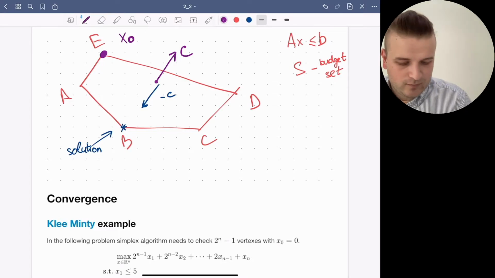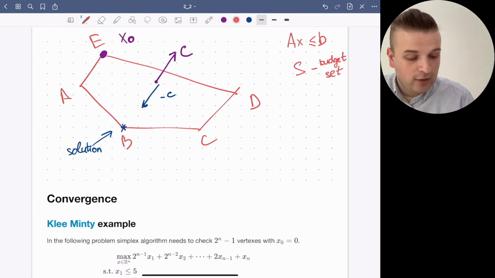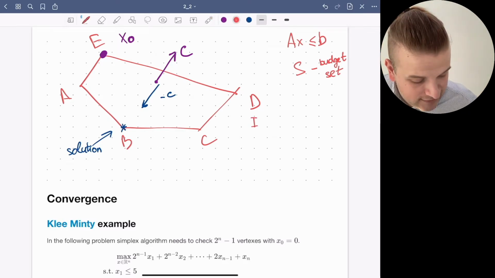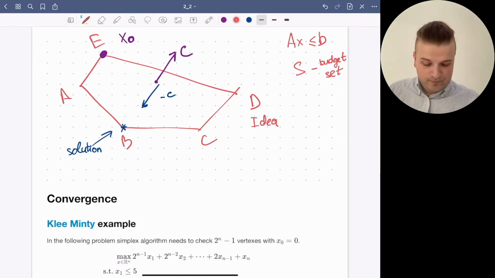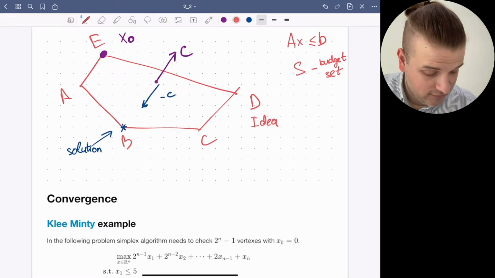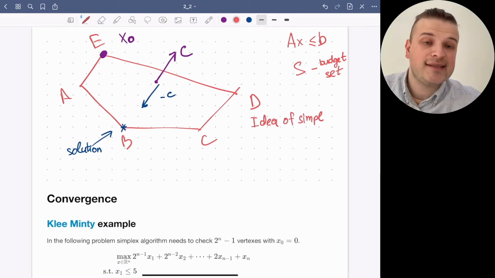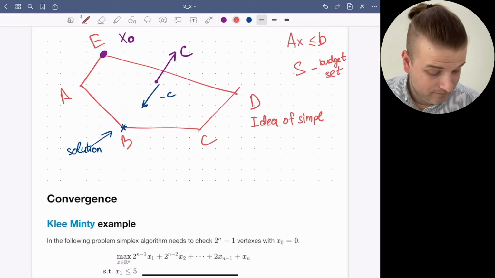What else? We have to choose where to go next. So the idea of the simplex algorithm is to check vertices unless we find an optimal one.